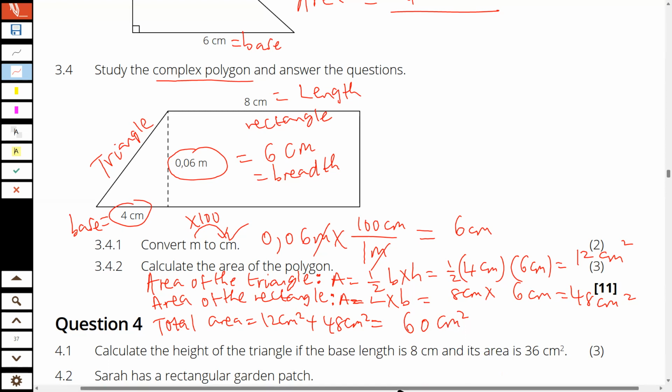So to find the area of this, we call it a complex polygon because it's a polygon that combines shapes. You need to first deal with the triangle, then the rectangle, and then you get the total area. So you add the area of the triangle to the area of the rectangle, and you get the answer. The final answer is 60 square centimeters.